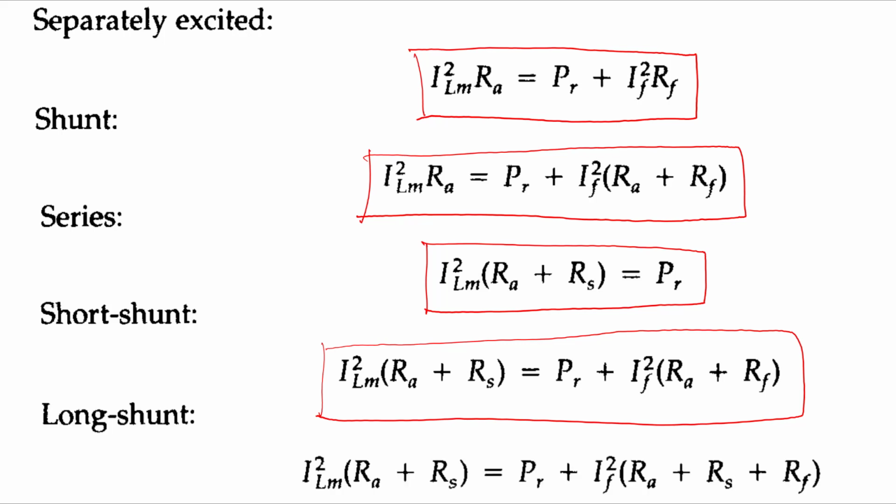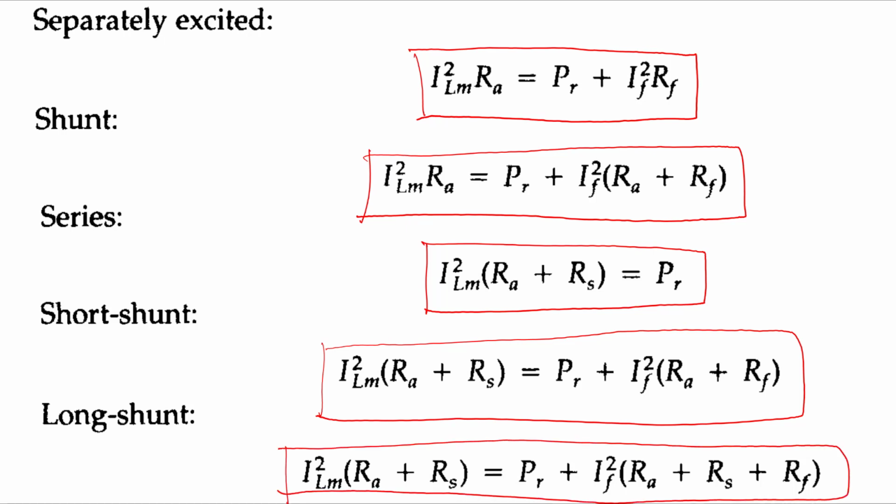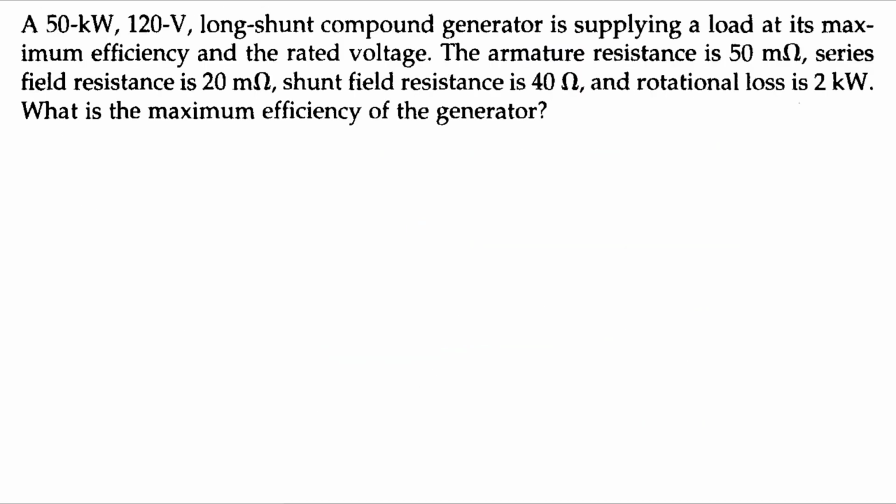Then your last one is long shunt. This is I_LM square (R_A plus R_S) equal to P_R plus I_F square (R_A plus R_S plus R_F). So please do it. No need to submit anything, but do it and practice it. And also do some problems on this.